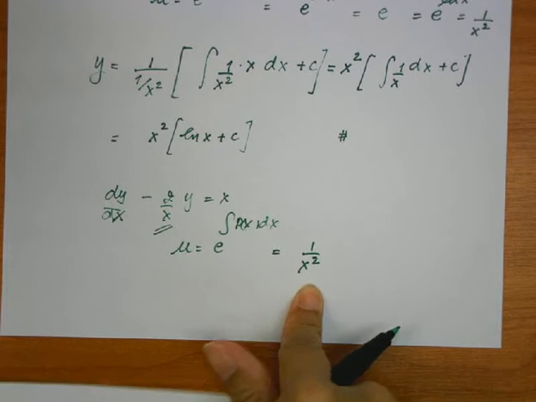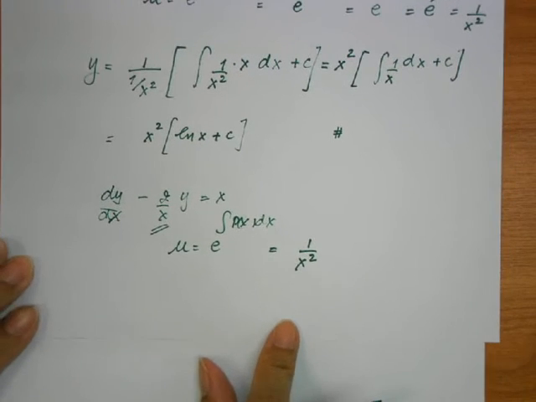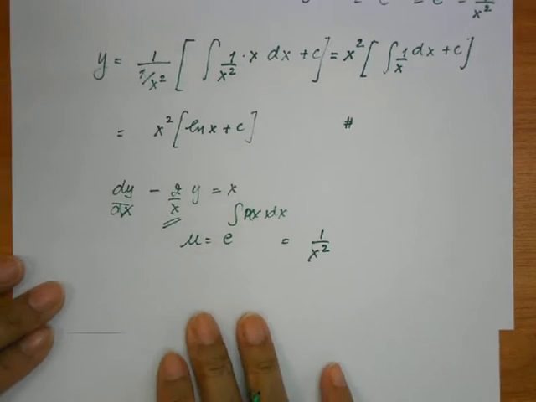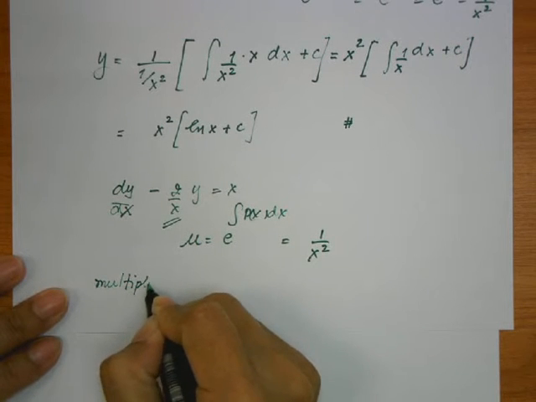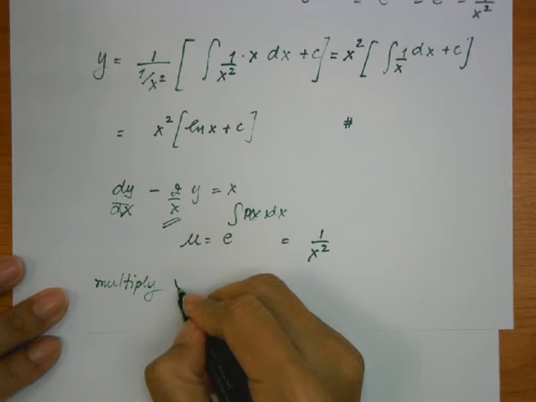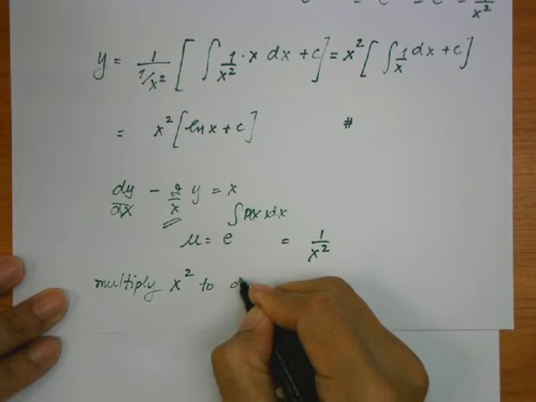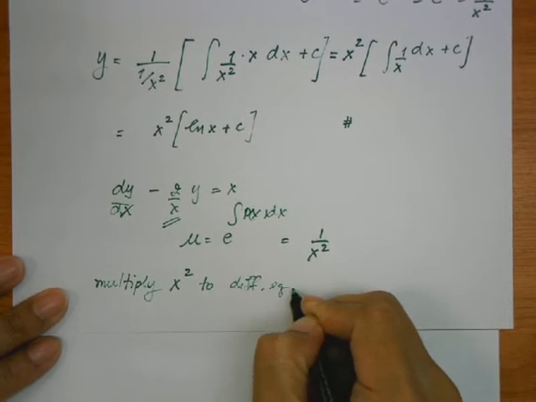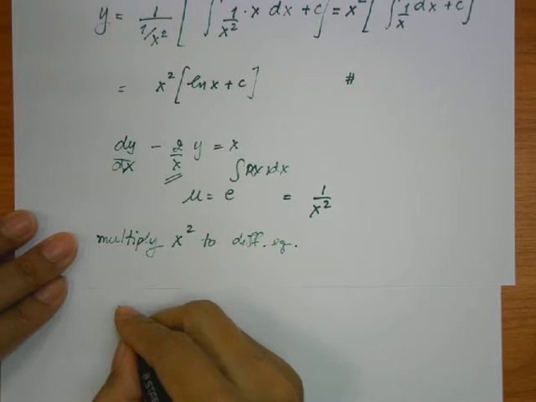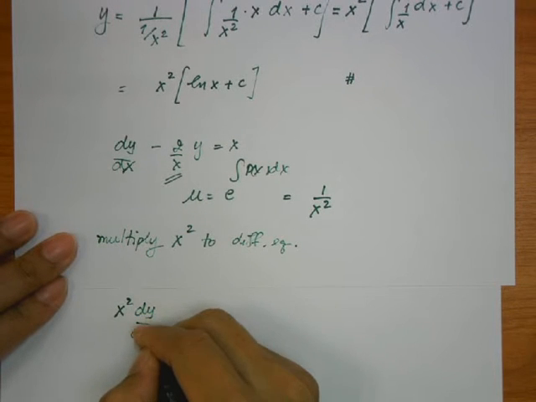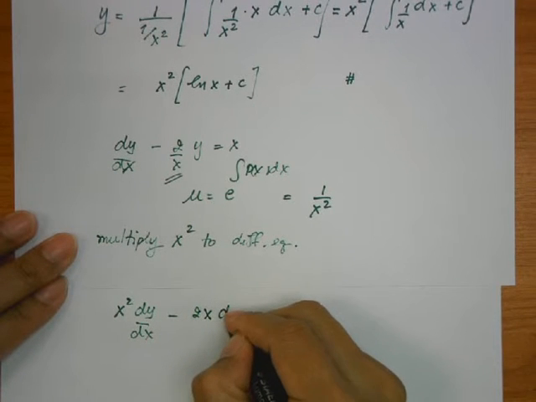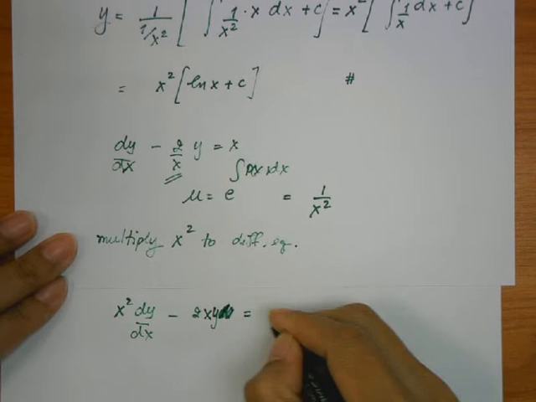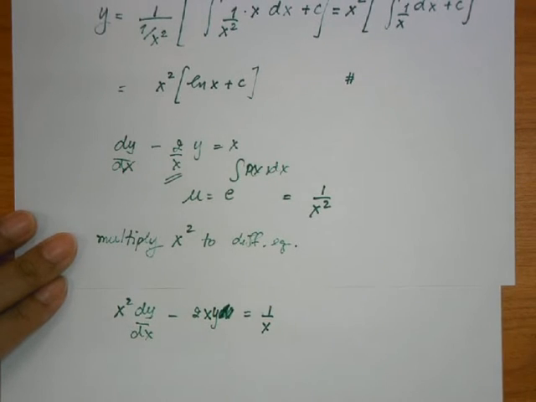And then, instead of putting this into the formula, you can multiply by 1 over x squared to our differential equation. So we would get 1 over x squared times dy/dx minus 2 over x cubed y equal to 1 over x, right?